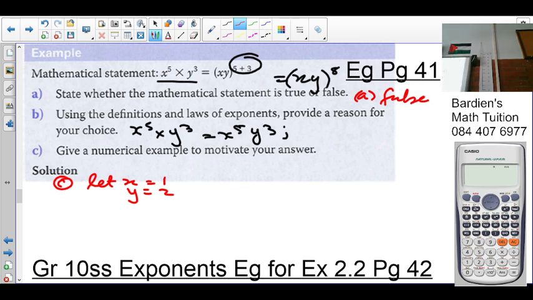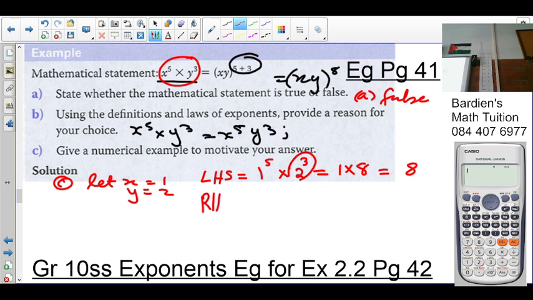So let's go with the left hand side of the equal sign. If I put 1 for x, I say 1 to the exponent 5 times 2 to the exponent 3. 1 to the exponent 5 is 1, 2 cubed is 8, and 1 times 8 is 8. So let's check the right hand side. If the answer is 8, most likely it will be correct.